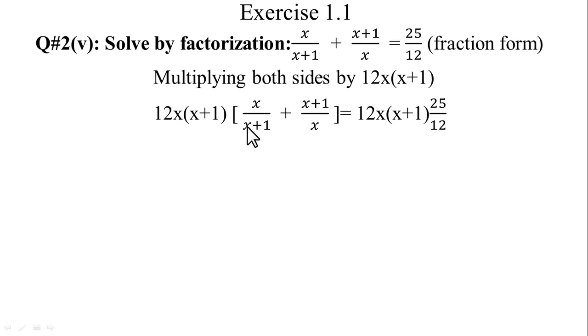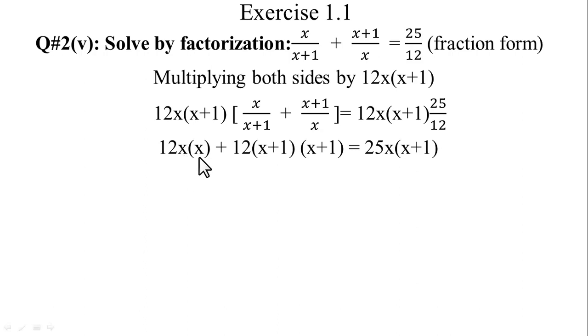Here x plus 1 cancels out by x plus 1, so 12x multiplied by x, x cancels out by x, then 12 into x plus 1 multiplied by x plus 1. So we have 12x into x plus 1 times x plus 12 into x plus 1 multiplied by x plus 1 is equal to, 12 cancels out by 12, then 25x into x plus 1.